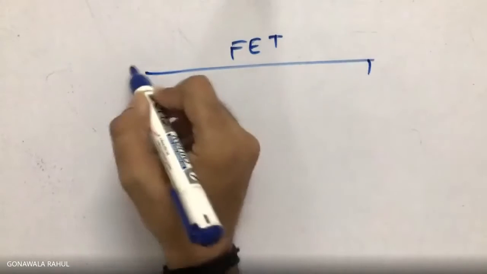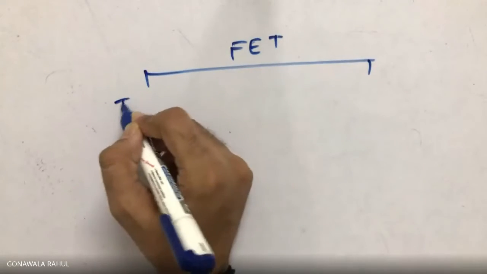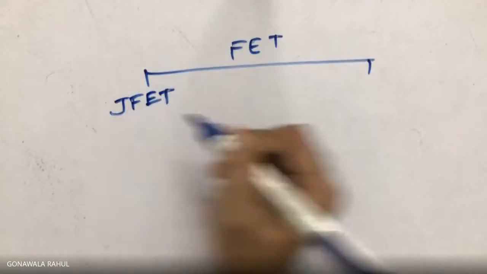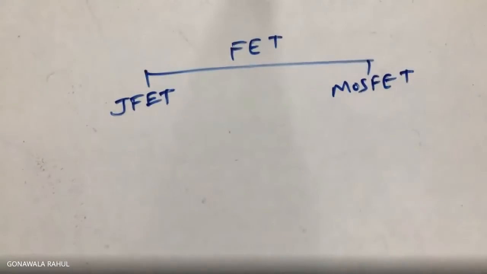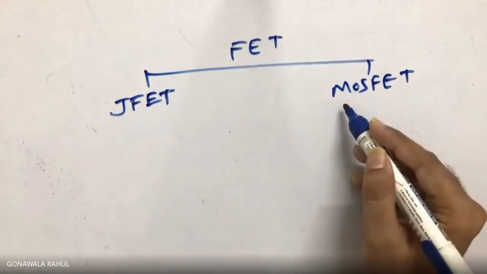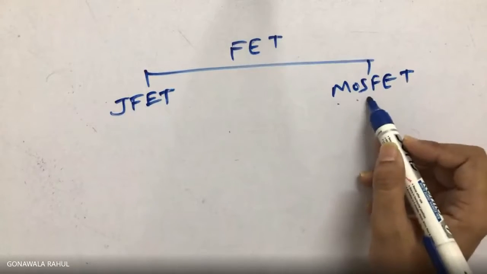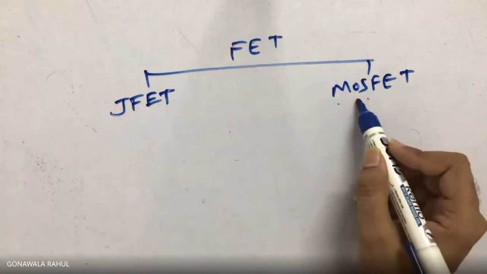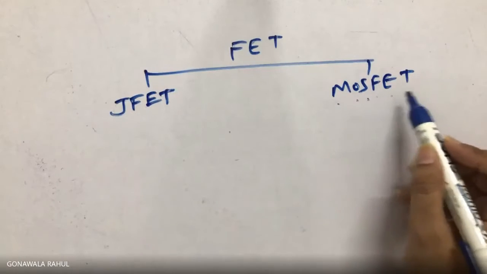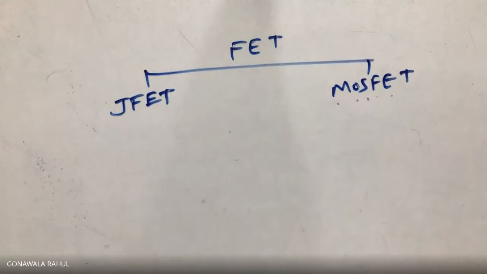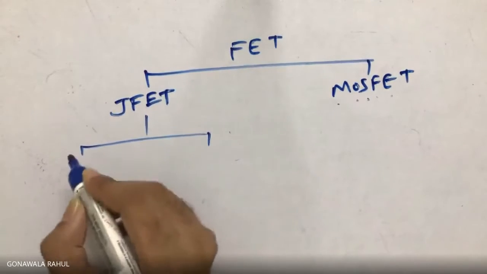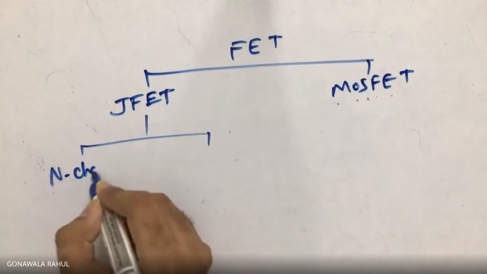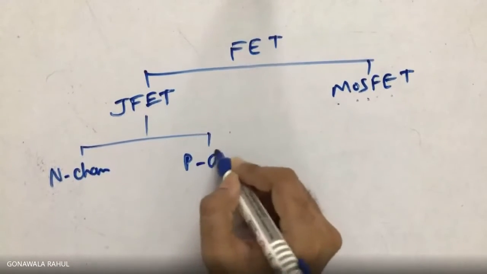divided into two major classifications, and that is JFET and MOSFET. JFET is junction field effect transistor and MOSFET is metal oxide semiconductor field effect transistor. Okay, JFET is again classified into two types, and that is N channel JFET and P channel JFET.